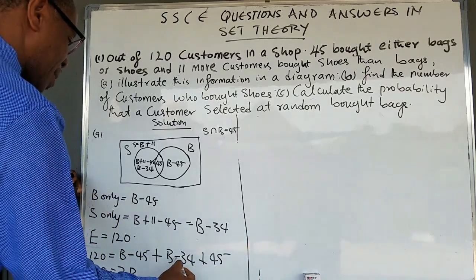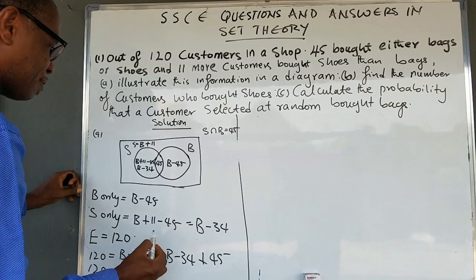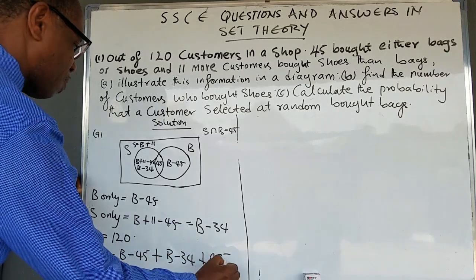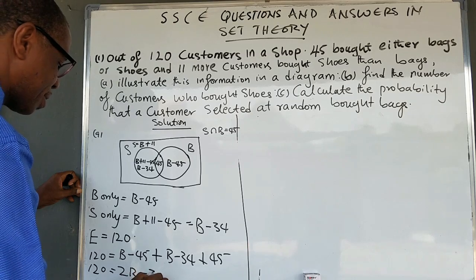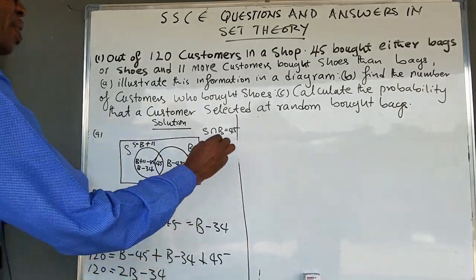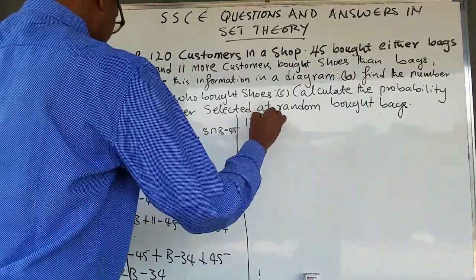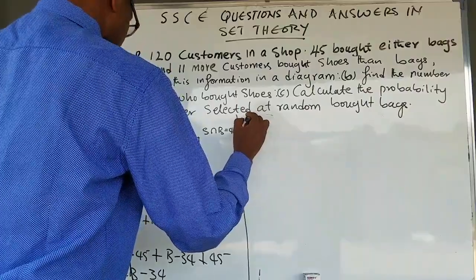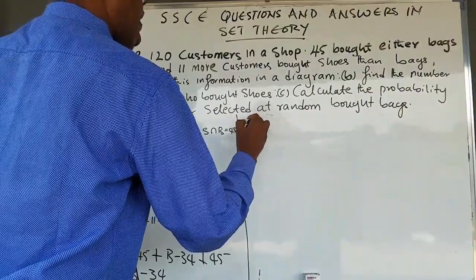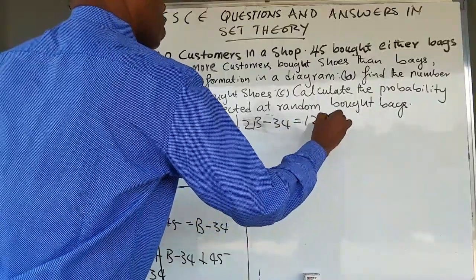So we have here minus 34. Let me arrange it: 2B minus 34 is equal to 120.